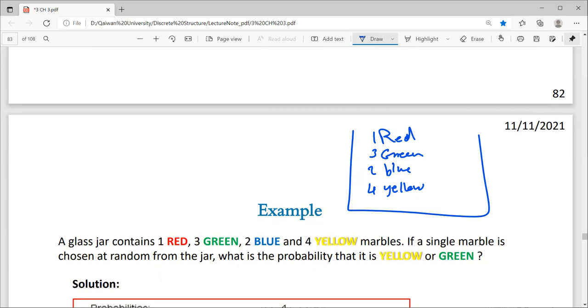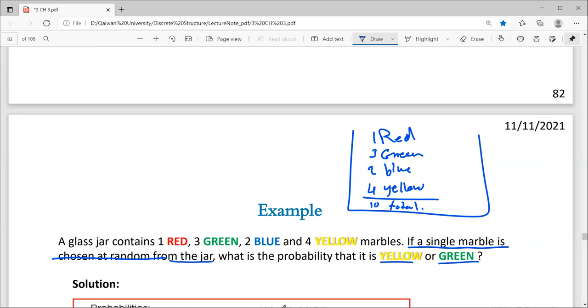Okay. It says if a single marble is chosen at random from the jar, what's the probability that it is yellow or green? Is there any intersection between yellow and green? There is no intersection. That means the probability of getting a yellow one is the number of yellow marbles divided by the total number of marbles. Here the total number is 10. You have 10 marbles in the jar.